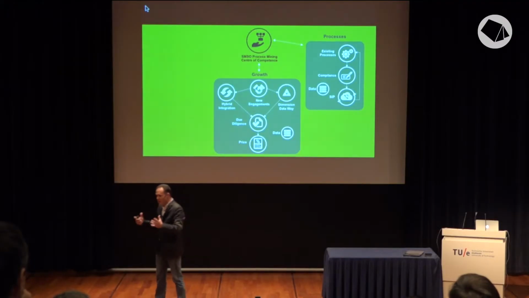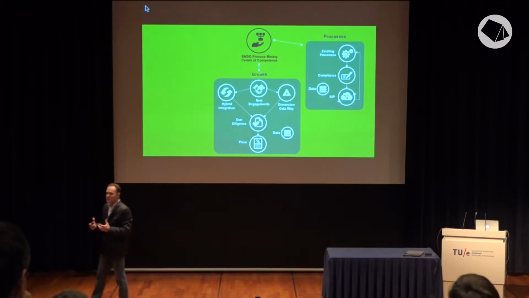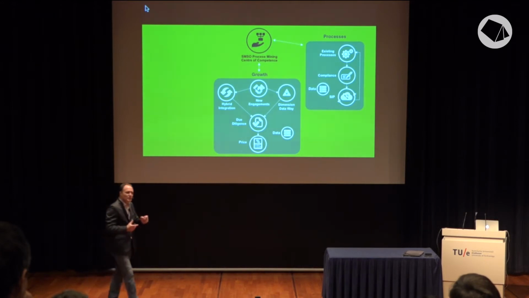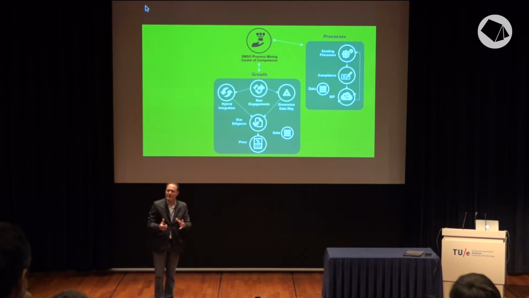So we had to focus on the first leg around processes. And focusing on processes, there was a compliance flavor to that. So we were able to use process mining then, and I'll go into more detail, for the compliance checking of these processes. The second very important leg was a growth leg. Because of our rapid acquisition, our rapid expansion drive in the business, strategically, we needed to make process mining available as part of our growth strategy.